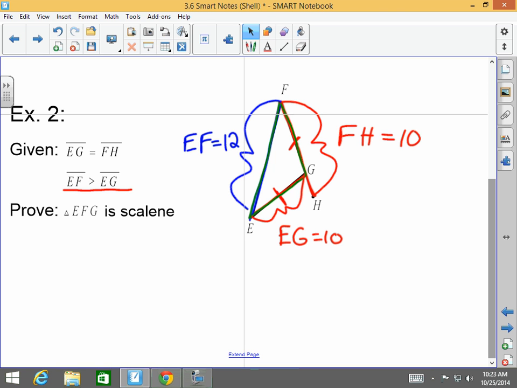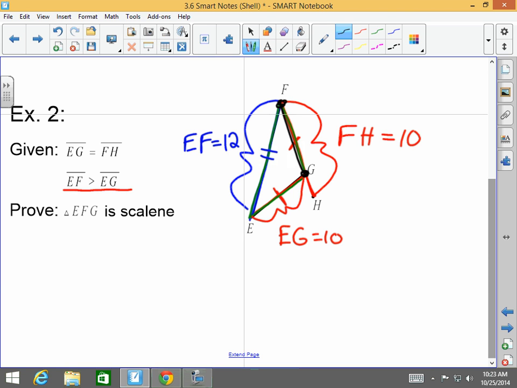Well, if EF is equal to 12, that means that EF here is different than EG. It's greater. And remember what we said: FH is congruent to EG. So what do we know about FG?